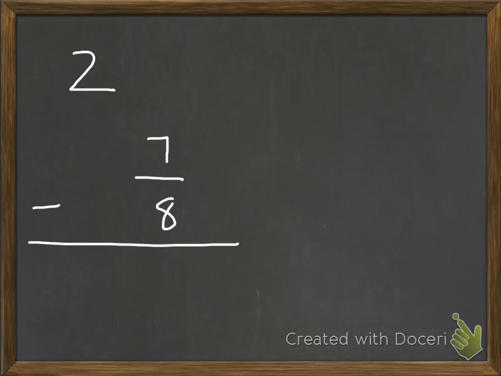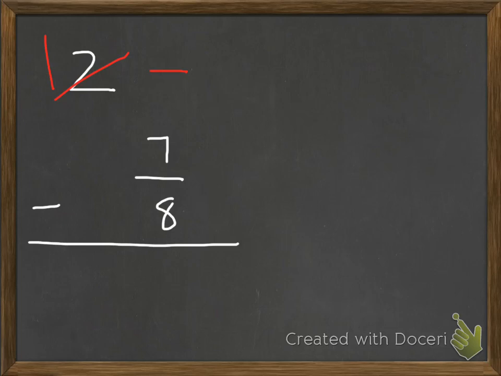Now I have a problem like this as well, 2 minus 7/8. Now there's nothing here, and that's okay because you can take 2 away from 0. 2 minus 0 would just be 2, so we don't need to worry about there not being a whole number there, but we do need a fraction right up here. So again, we're going to take 1 whole away from the 2, that becomes a 1.